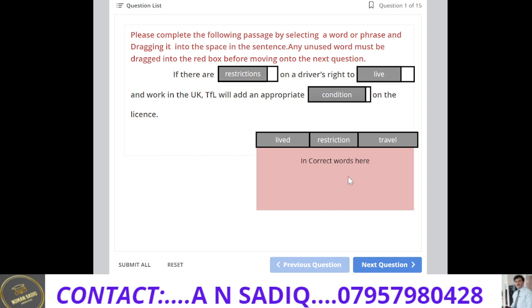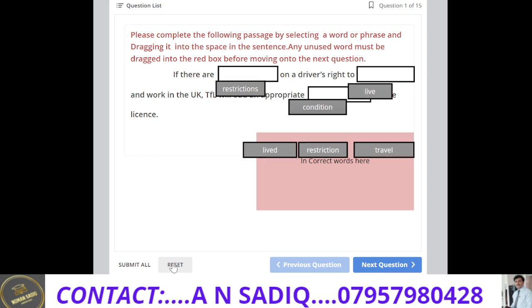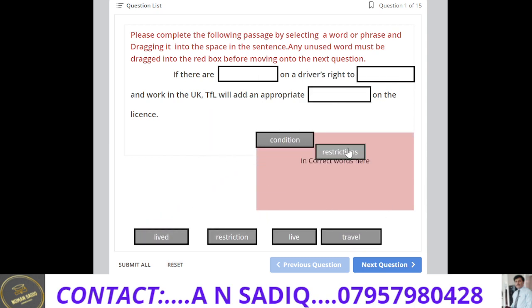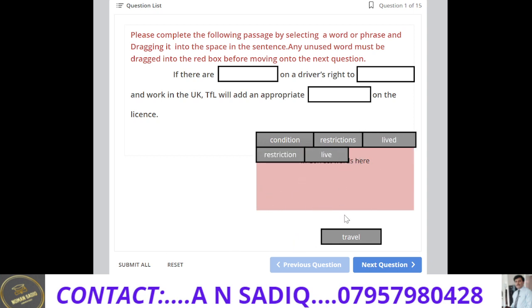Now I am going to demonstrate by resetting it like this. So first you will put all the words here like this, like this, like this, like this. Then instead of selecting from here and putting into the appropriate positions, first you have put all the words here and then you will fill these gaps by dragging the words from this position.